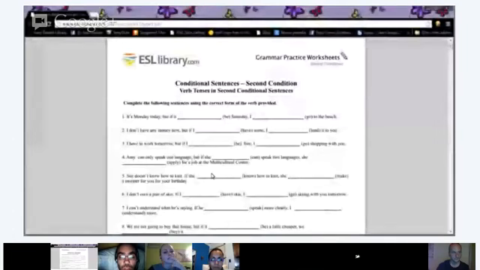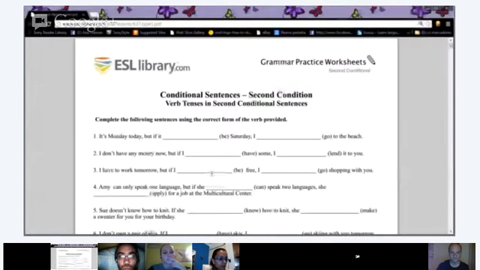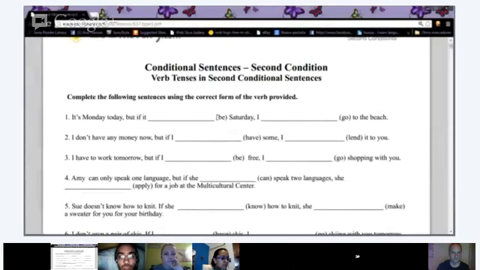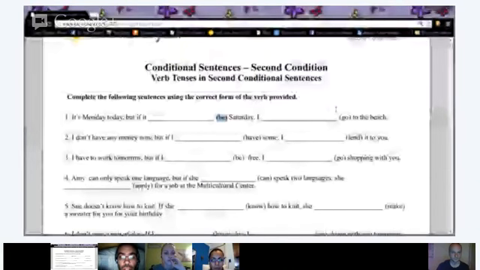Okay, so when you open it up, this is what you are going to see. At first we're going to be filling in these blanks. Now pay attention, the verbs that we need to conjugate are in parentheses, right after that blank.